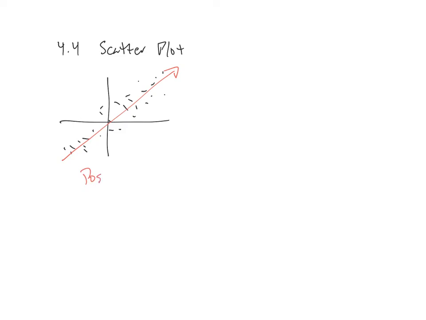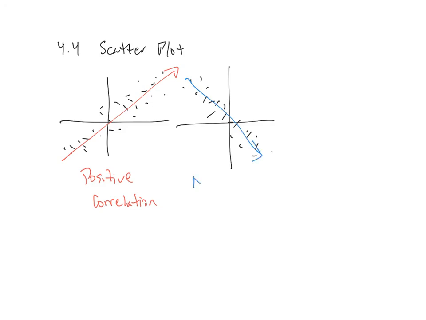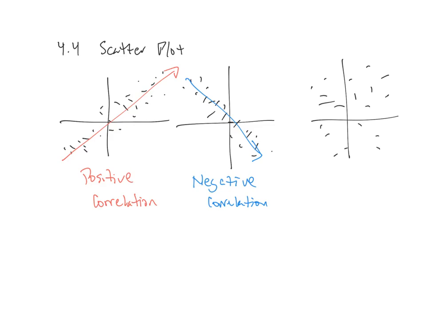So this would have positive correlation because the line goes up. If it was the other way around, negative correlation. And if they're just all over the place, no correlation.